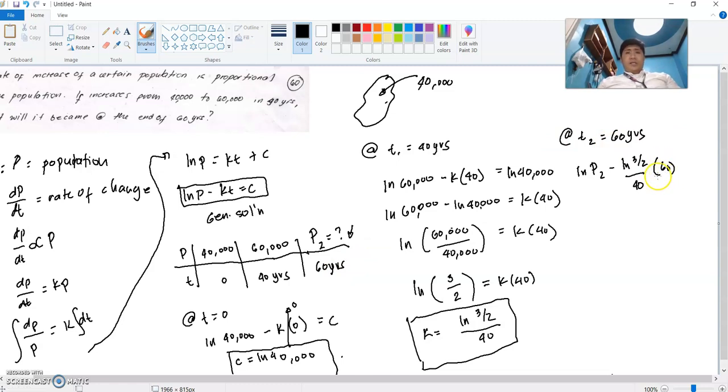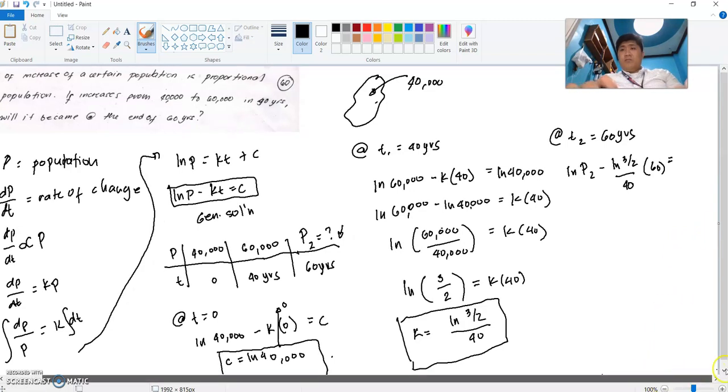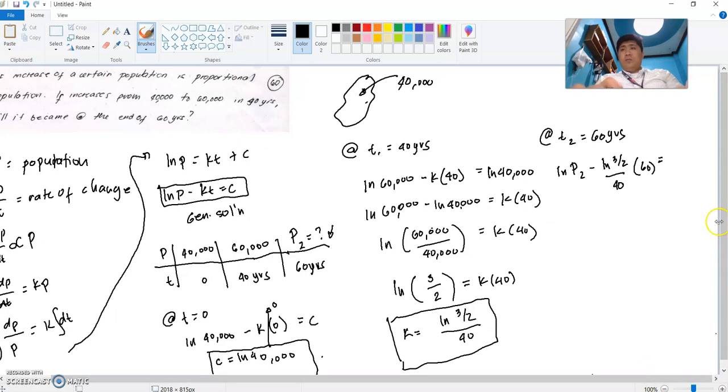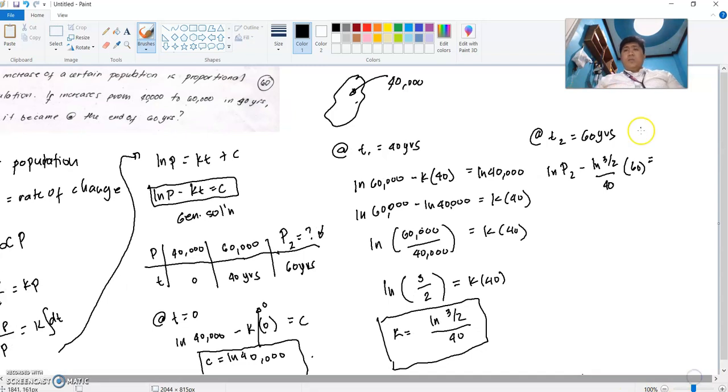So next, what's next? Equals, let me stretch this one. So we have C, which is our ln 40,000.